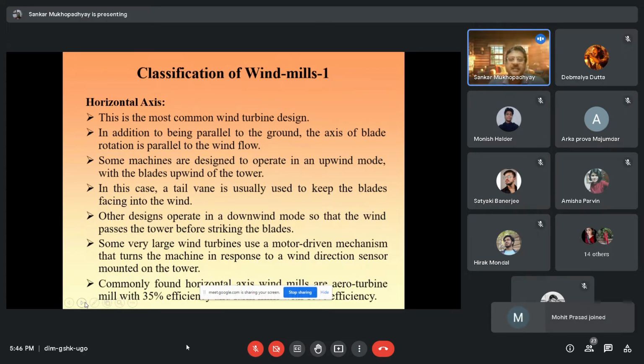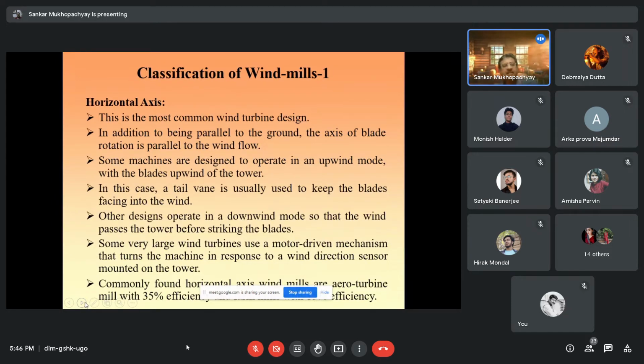Some machines are designed to operate in an upwind mode, with the blades upwind of the tower.